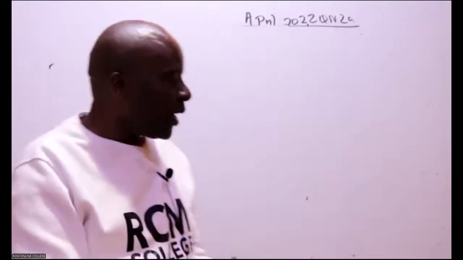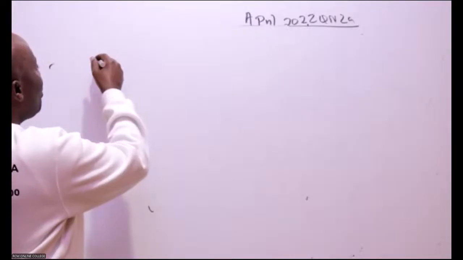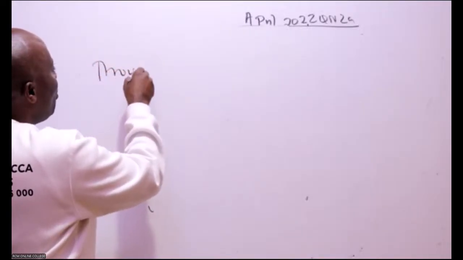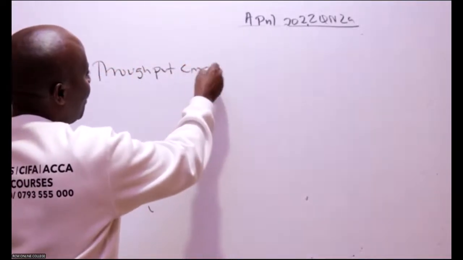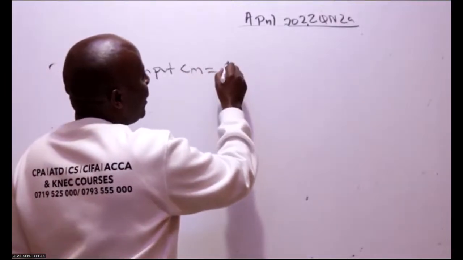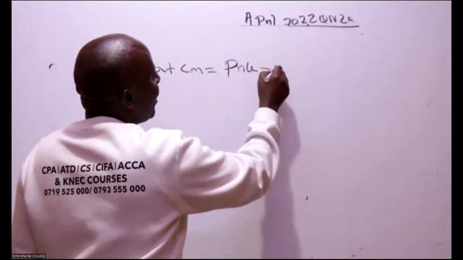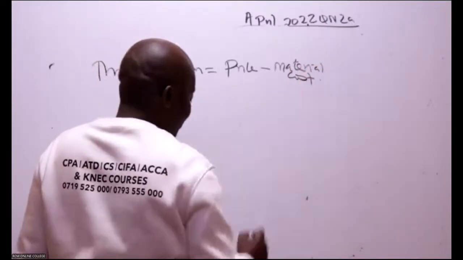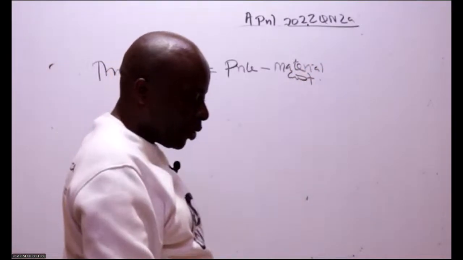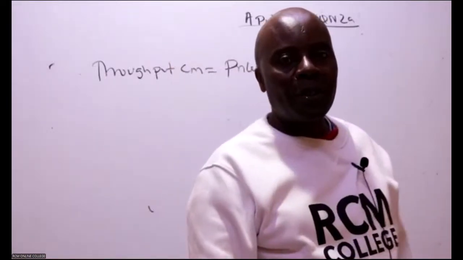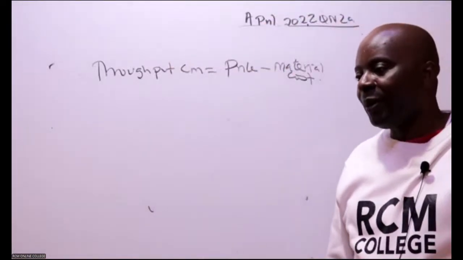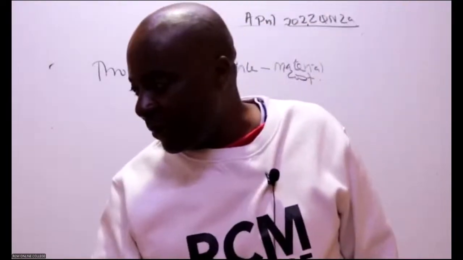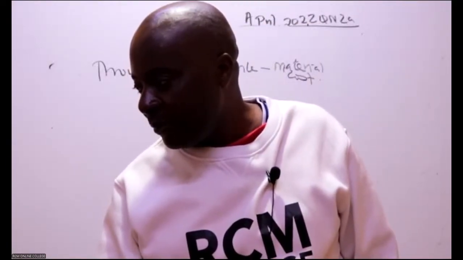So under throughput, we have what we call throughput contribution margin. To get throughput contribution margin, you take price minus material cost. Can somebody explain to me why I am subtracting material cost only?